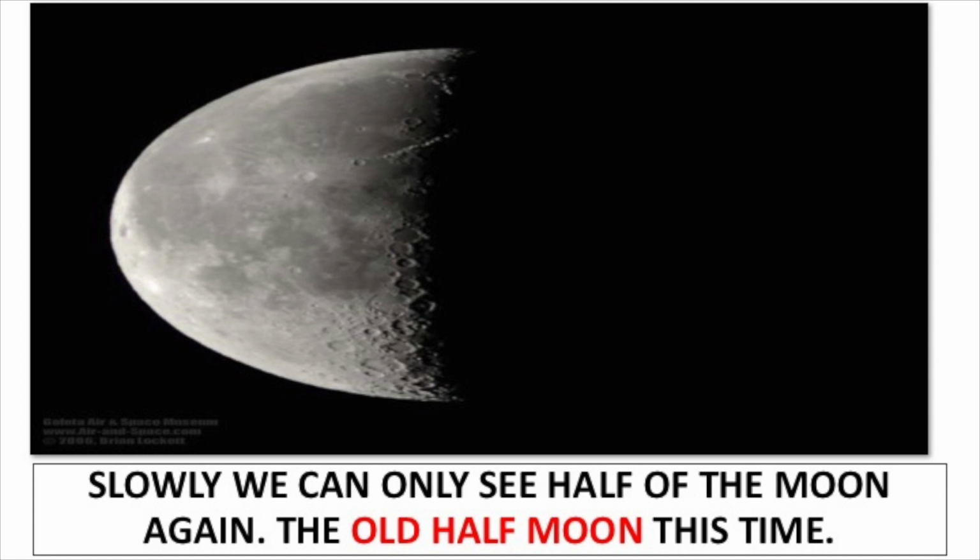Again, the old half moon this time. So remember when it was getting bigger, it was the new half moon. After we've had the full moon and it starts getting smaller, not the new, it's now the old half moon. Okay? So when it's getting bigger, it's the new moon. After full moon and going smaller, the old moon.